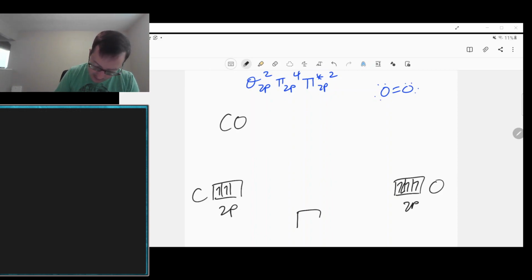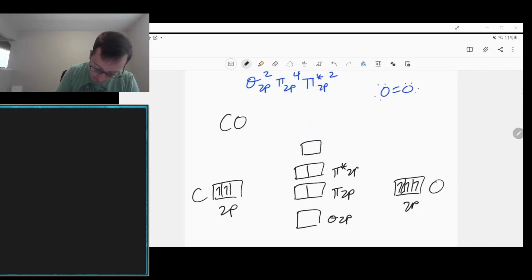If we go ahead and take a look at their configurations, if we go ahead and start filling these up, we have 6 total electrons, right?